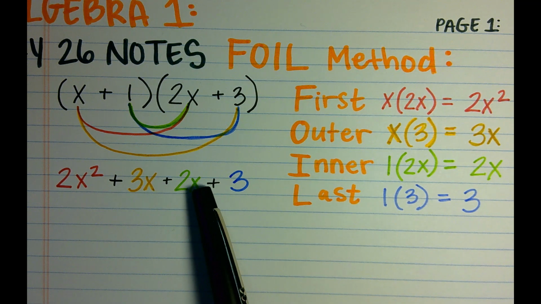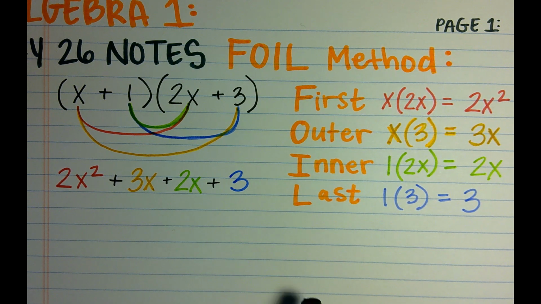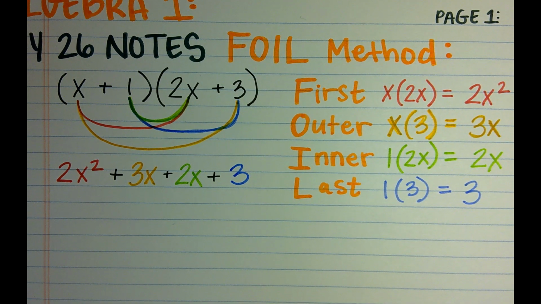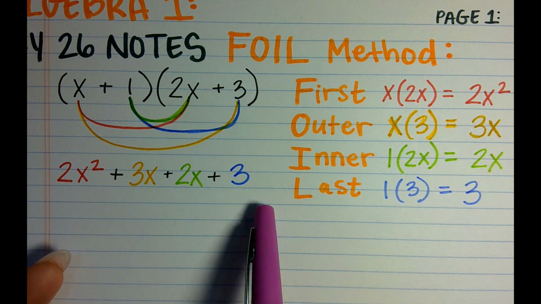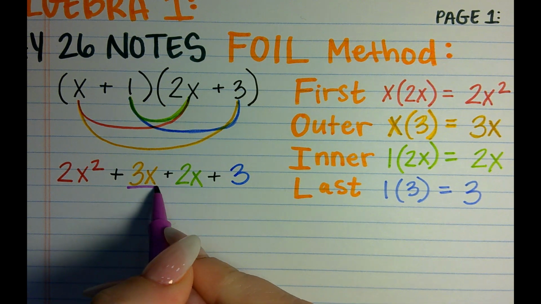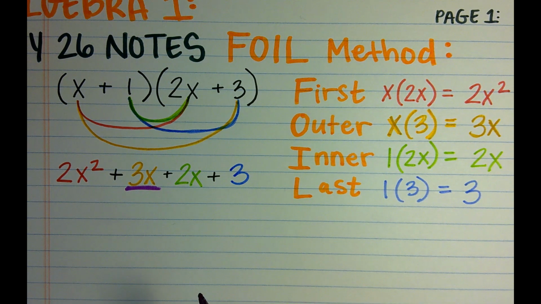But we're not done yet. There's one last step to a method like this. Combining like terms. Okay, what like terms do I have that I need to combine? 3x and 2x, not the 3.